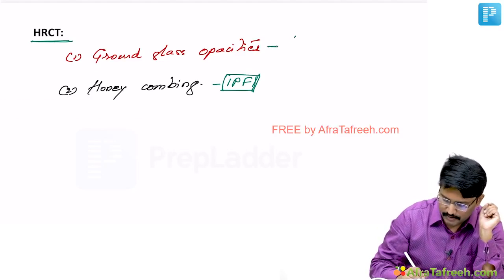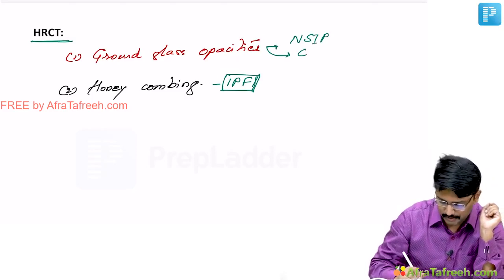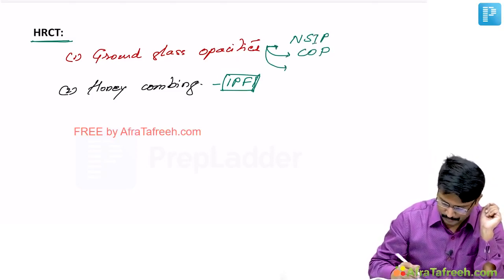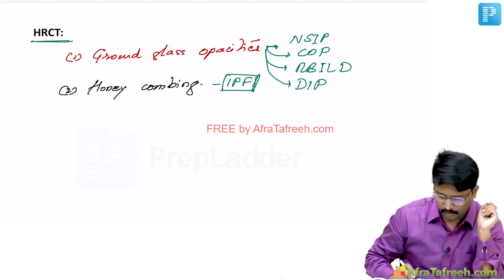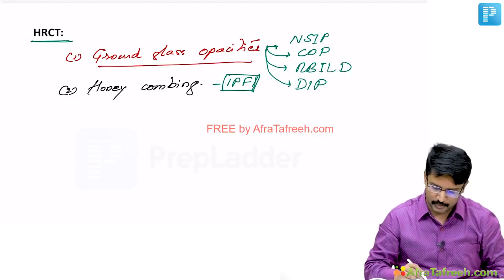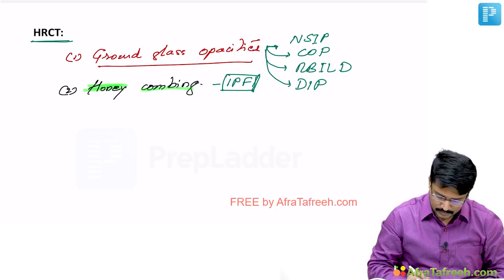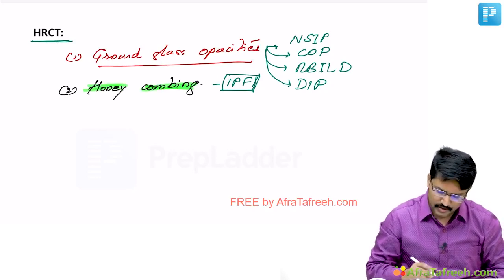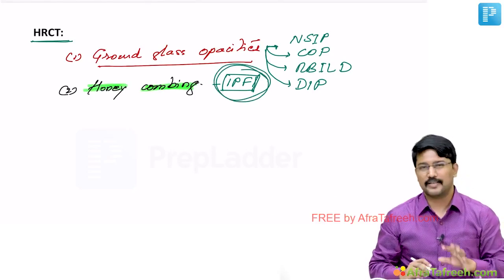These are typically seen in patients with NSIP and various other forms of interstitial lung disease, including COP, RBILD, DIP, or almost every form of interstitial lung disease may have ground glass opacities. But the presence of honeycombing suggests severe fibrosis, and we typically see it in patients with IPF, and in other forms it is less frequently seen.